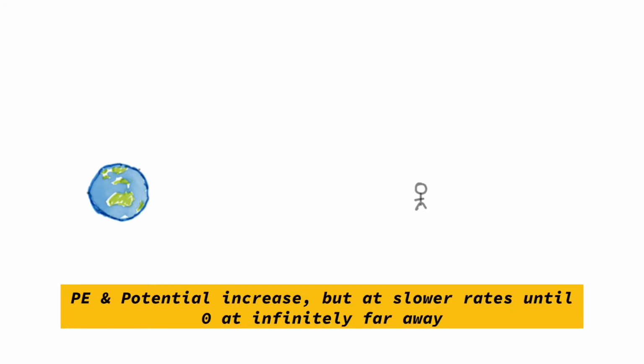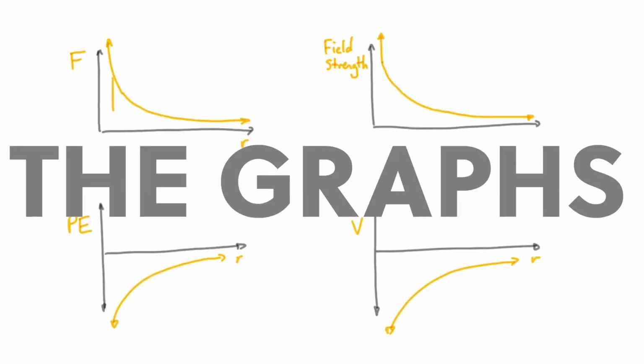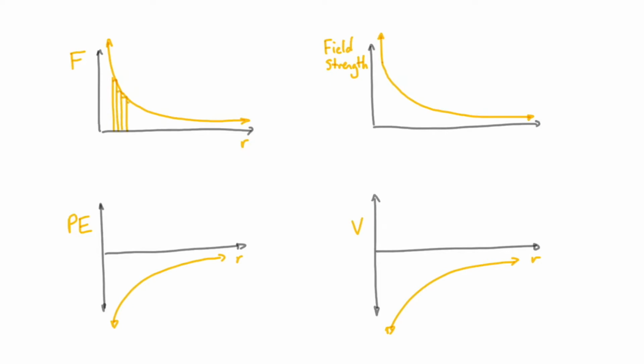Similarly, the potential energy and potential increase, but as we get further away, there's a slower and slower rate. And at infinity, we go from a negative potential up to a 0 potential. Now, let's have a look at all of these 4 graphs. So in summary, we've done this in previous videos, but the force diagram, if we add up all those areas of force times the little rectangles against radius, we have the area under the curve, which is actually the integral of the force dr there.